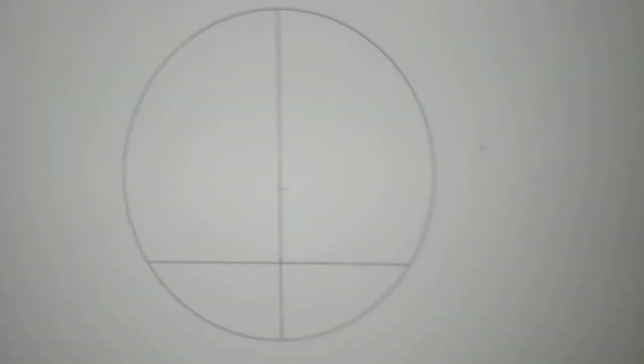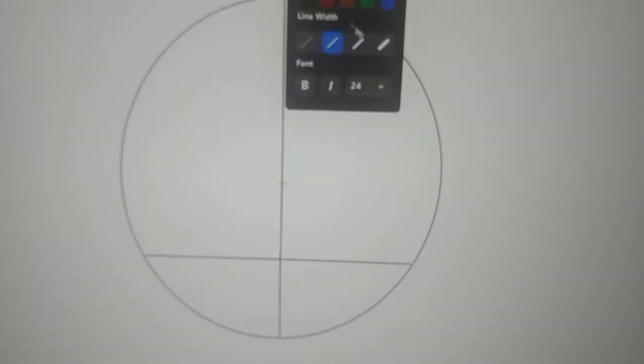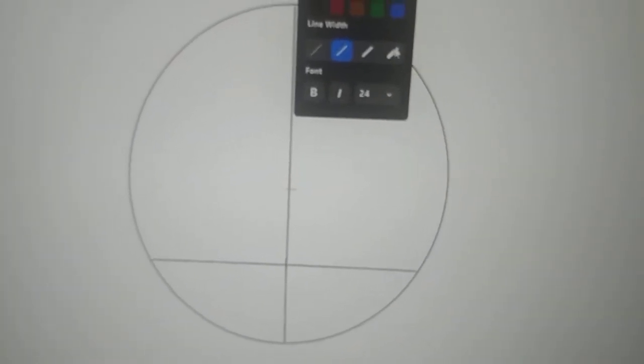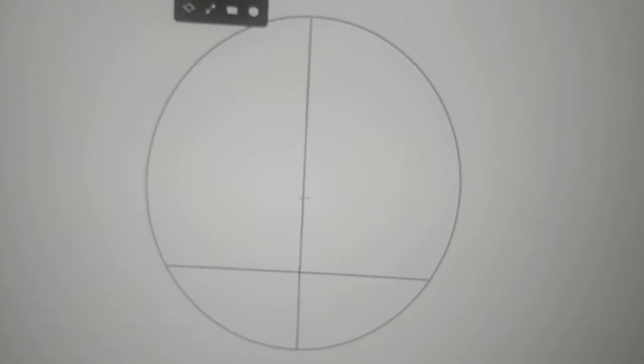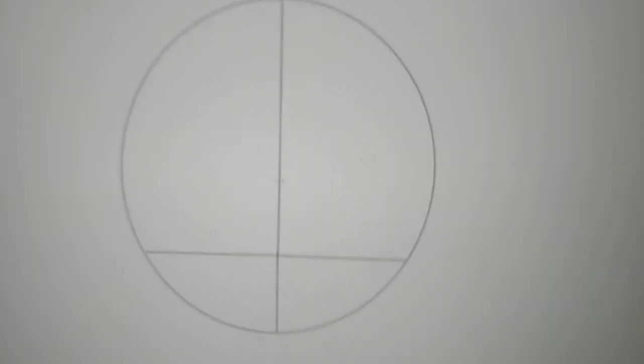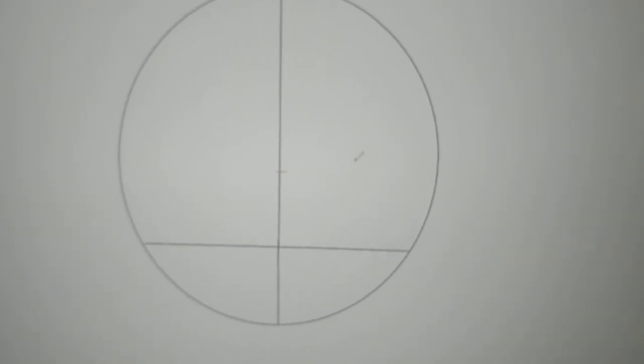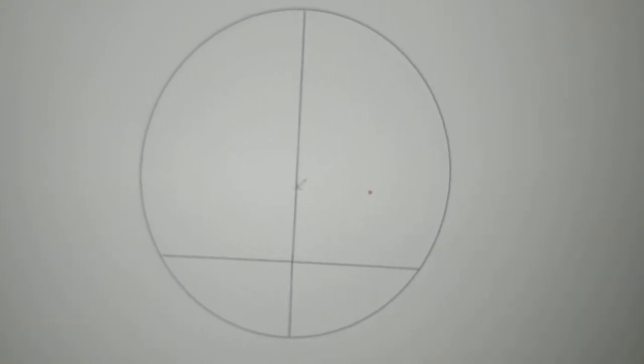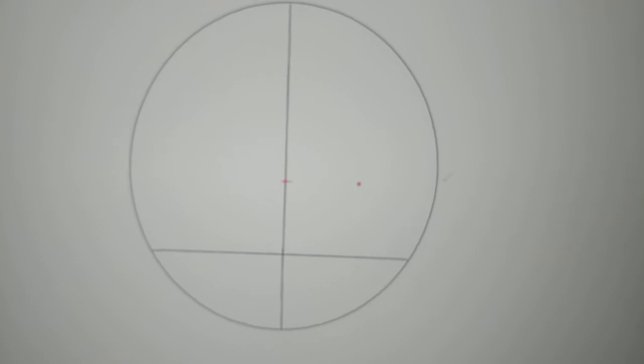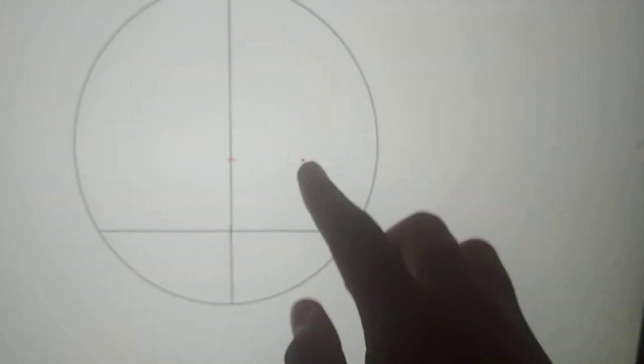Now we're going to make it clearer, using reductio ad absurdum. Let's say that our center is here.